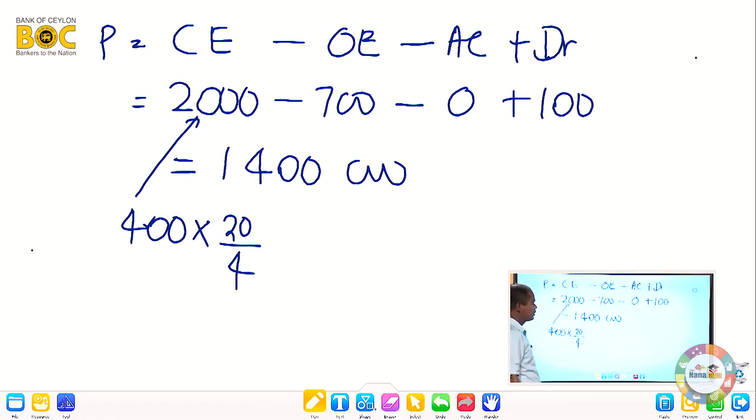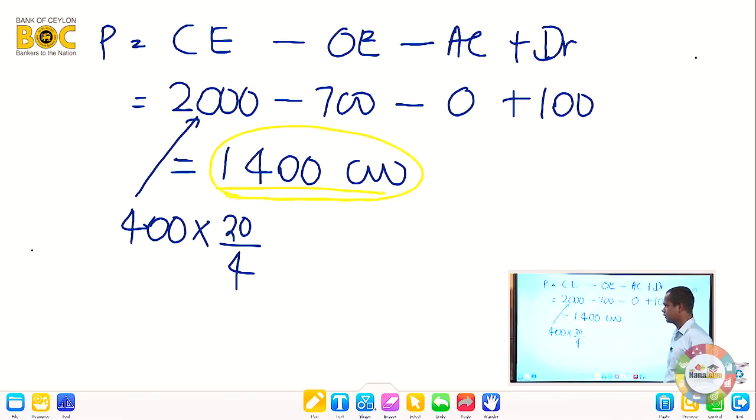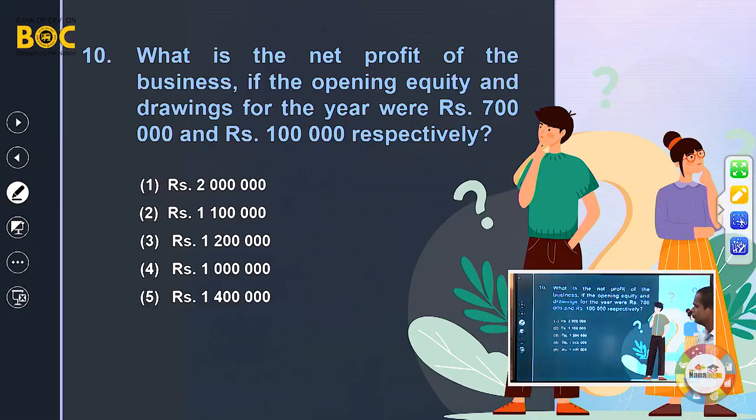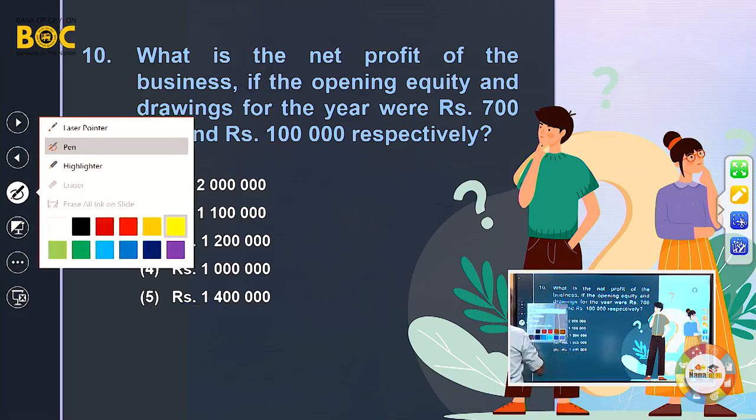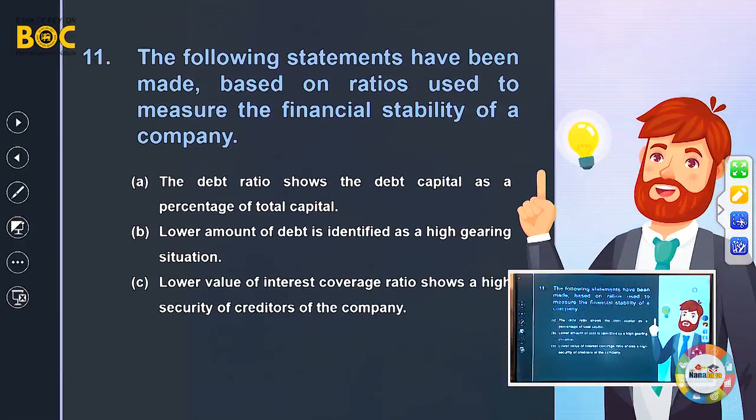You get a net profit of 1,400,000, which is the fifth answer. Question number 11, go through it.